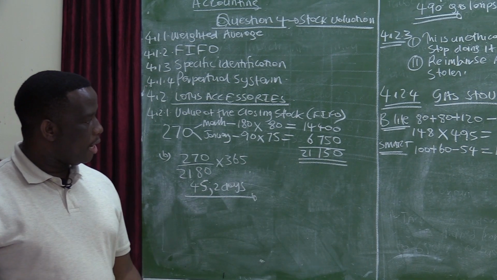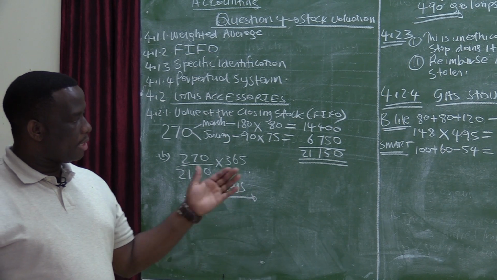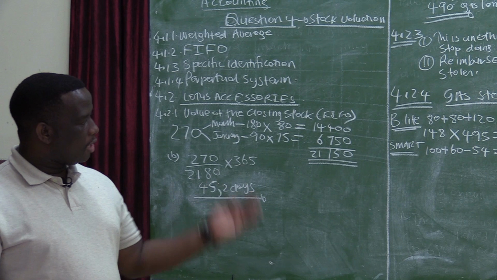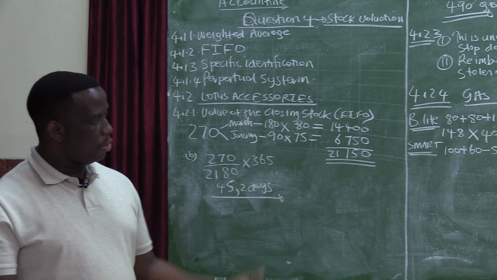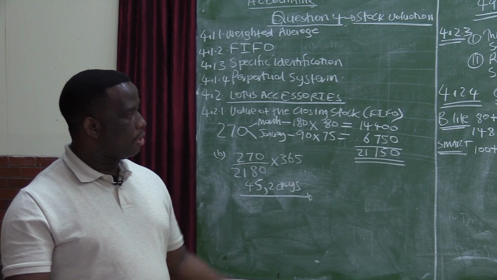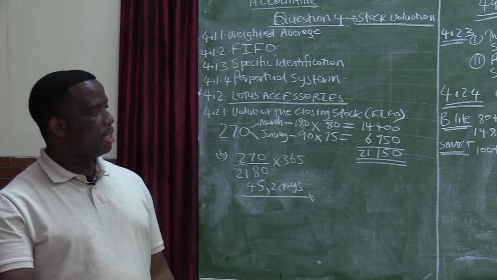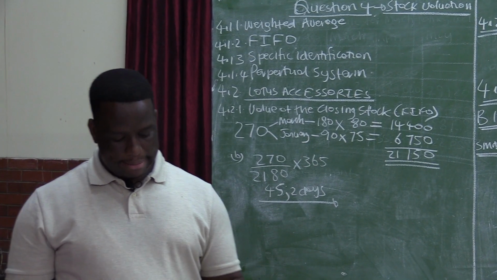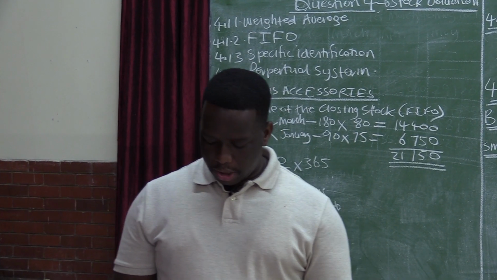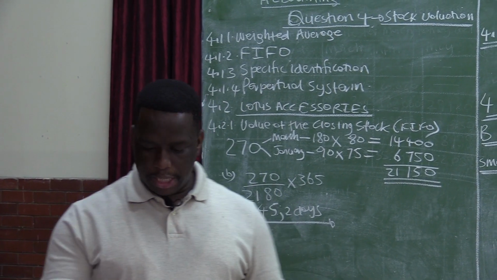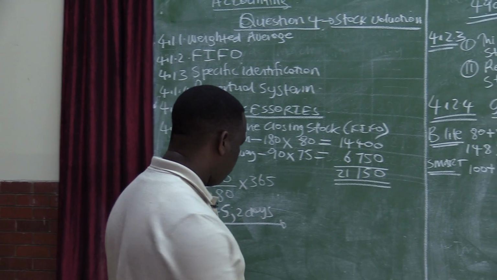For the smart model, you purchase 100 plus 60, you sold 54, you are left with 106. Each smart model costs 700. So it's 106 multiplied by 700 equals to 74,200. If you add the two amounts, you get 147,460, which is the value of the closing stock using the specific identification method.